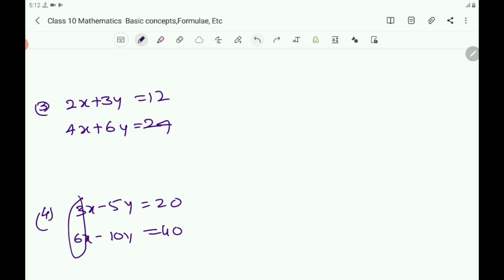This type of linear equations in which the ratios are same and one coefficient is the multiple of the other. This type of linear equation in which a1 by a2 equals b1 by b2 equals c1 by c2. In all the cases you see a1 by a2 equals b1 by b2 equals c1 by c2, and they are coinciding lines having infinite solutions.